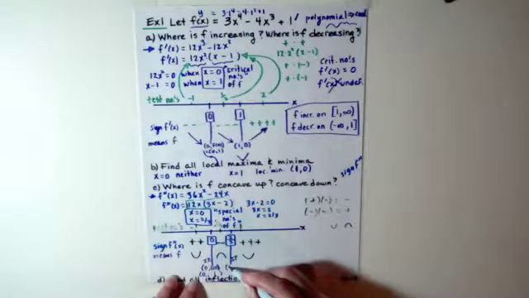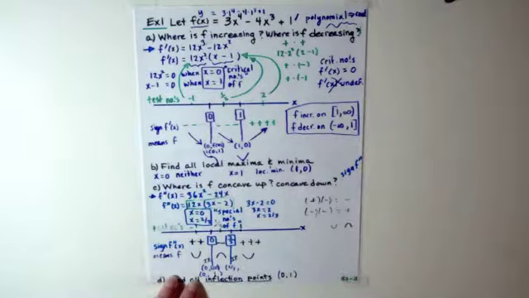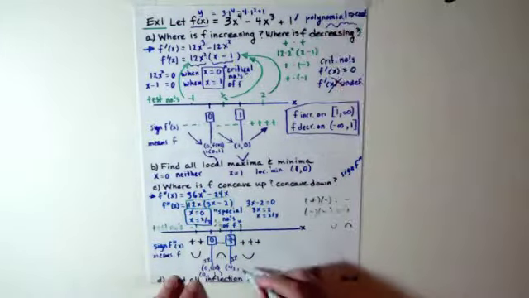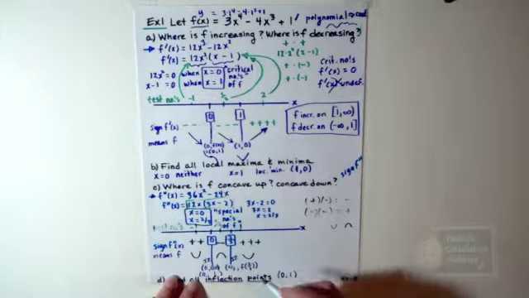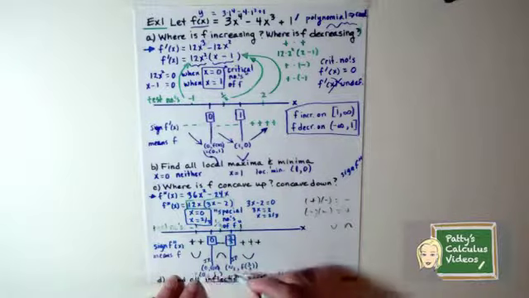So at 2/3, and how do I find the corresponding y-coordinate? I have to plug back into the original f, so at 2/3 comma f of 2/3, I will have another inflection point, another place where the concavity is changing or switching. So let's see what point that is.